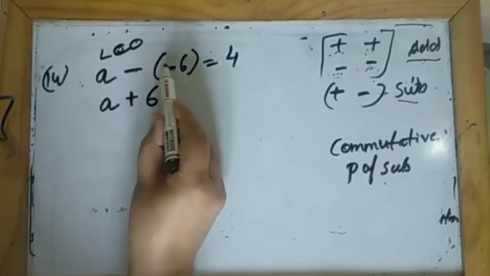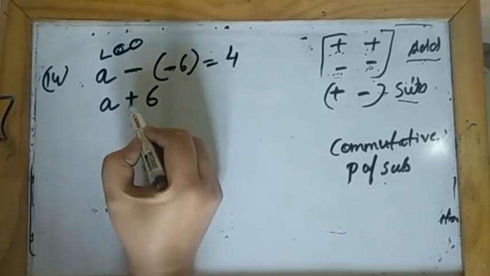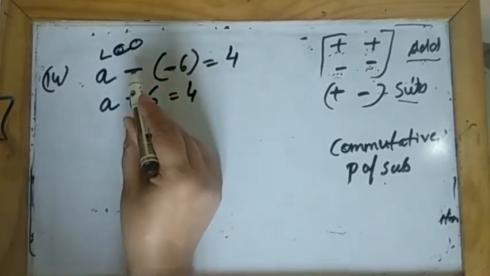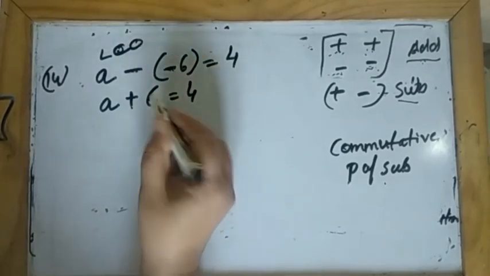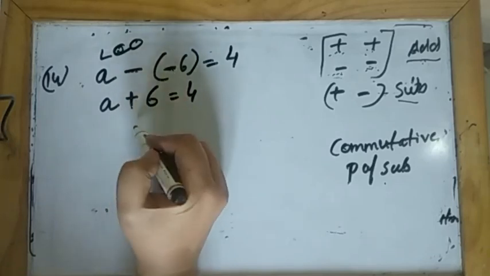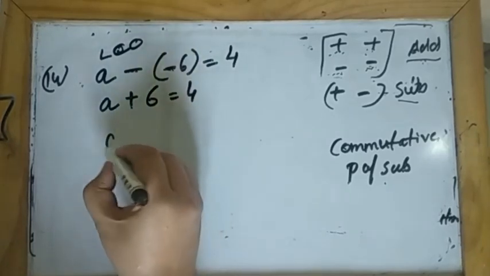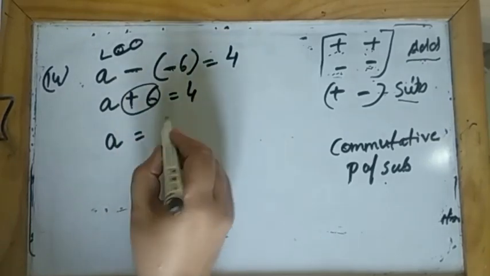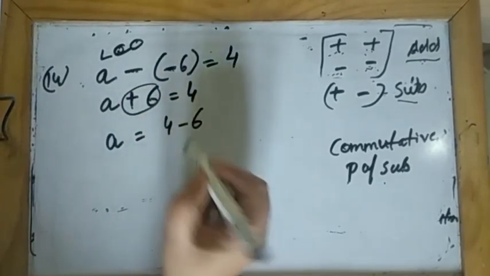Also minus and minus becomes plus, is equal to 4. So first of all I have to change the sum of subtraction into a sum of addition. Minus and minus becomes plus, and now I will find out the value of a. Now a I'll keep this side, and plus 6 I will send to the other side, and it will become minus 6.